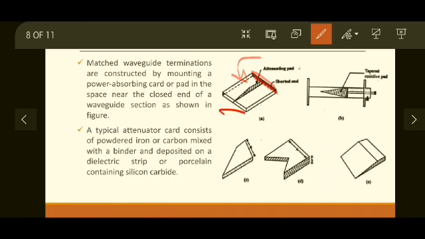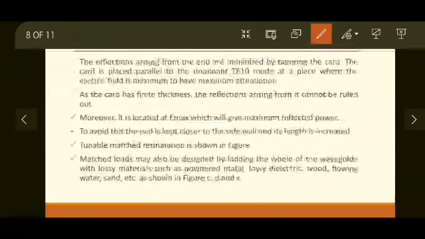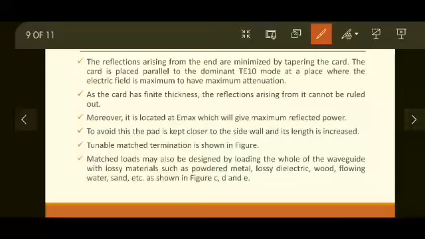So this is the basic matched termination. This one is movable, that means we can change the termination in this. And if we don't want to use these internal pads, we can go for these three types of terminations. What are these? We will see that. So let's move further. A reflection arising from the end, because it is shorted at the end as we have seen in the diagram, so when they are shorted, the waves will be reflected.